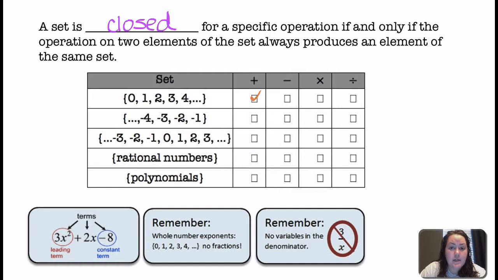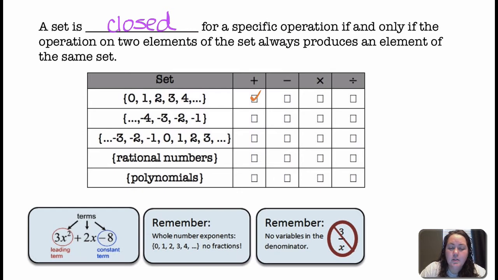If I subtract, let's say I take 4 and I subtract 8, that's not going to give me a whole number. That's going to give me a negative, and negatives don't fall under the whole number category. So that is not closed for subtraction. Multiplication, if I do 3 times 7, I get 21, which is a whole number.